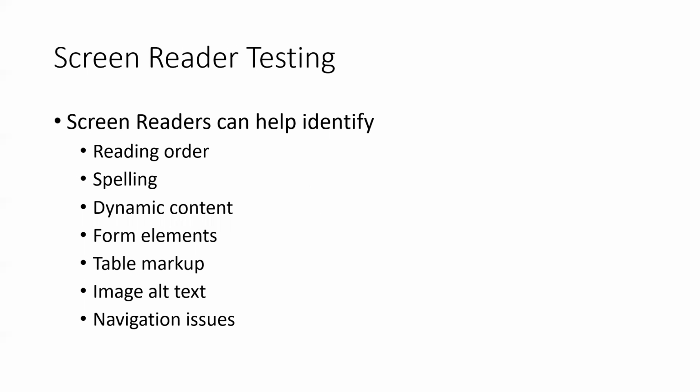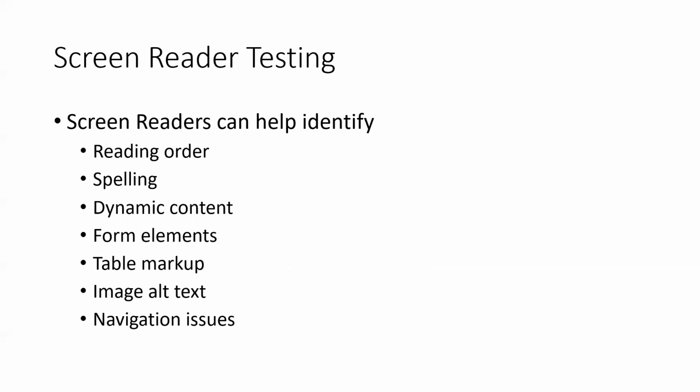Screen reader testing can help identify reading order, spelling, dynamic content, form elements, table markup, image alt text, and navigation issues. Screen readers are another way to discover accessibility issues as part of the content review. Spelling mistakes can become obvious when you hear the words mispronounced by a screen reader.